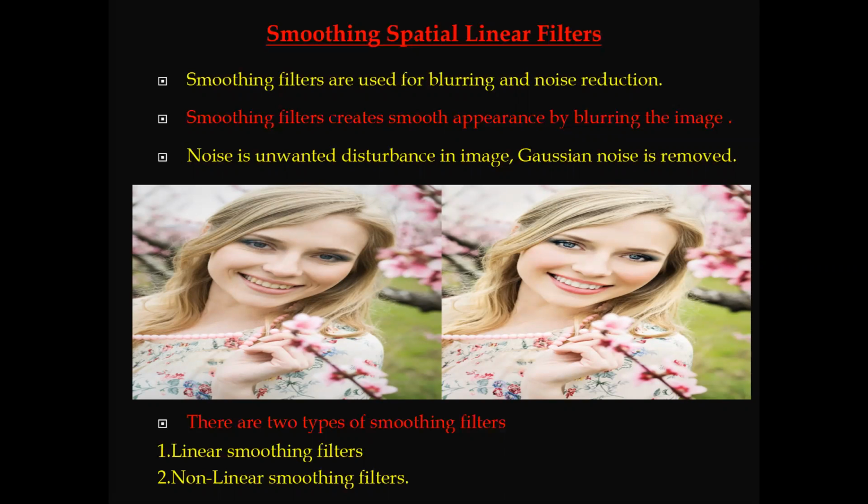There are two types of smoothing filters: one is the linear smoothing filter and the second is the non-linear smoothing filter. Before going to the smoothing filter types, you can examine these two images.